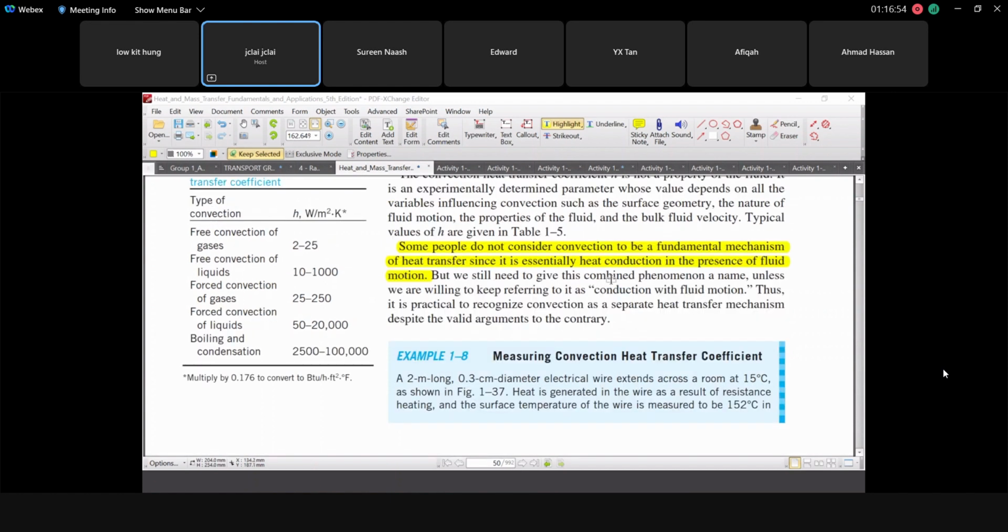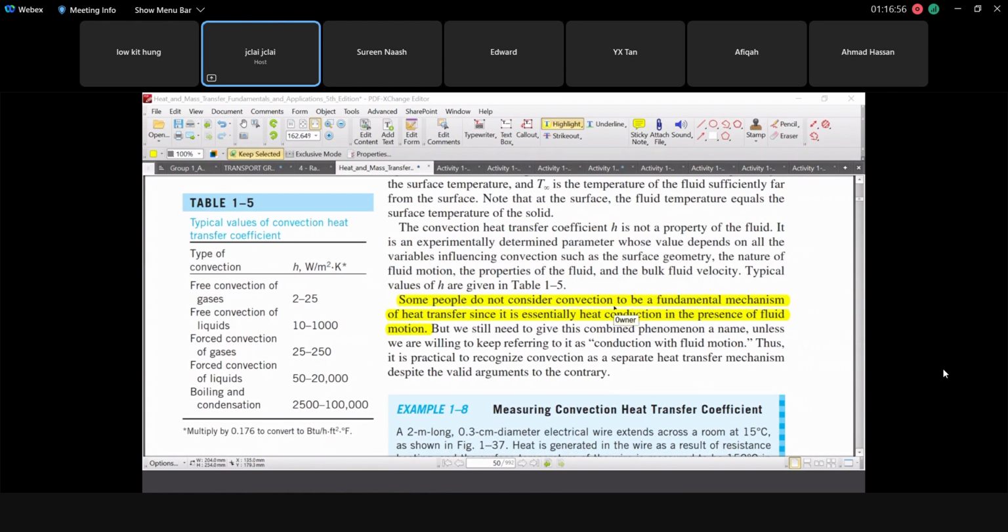I just want to bring you to a deeper understanding. I don't mean to confuse you. The conclusion is we still believe there are three fundamental mechanisms of heat transfer: conduction, convection, and radiation.